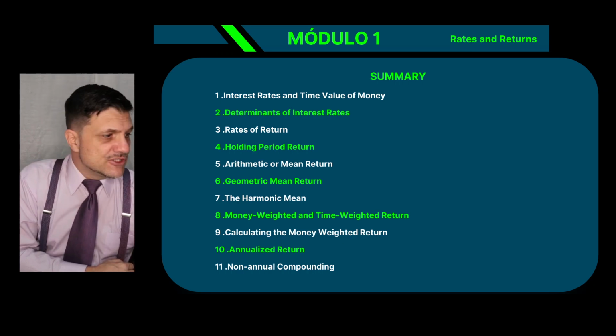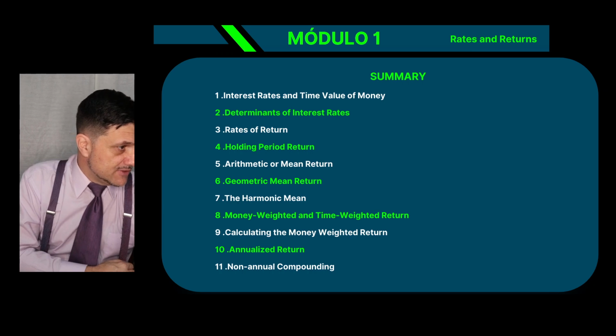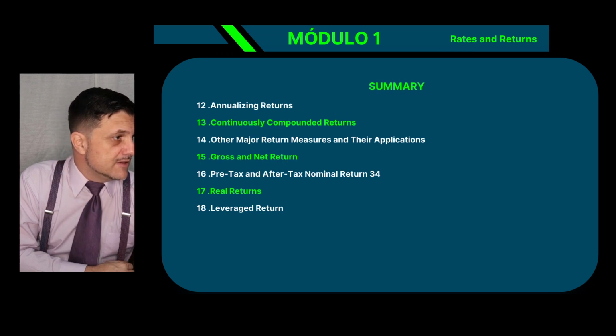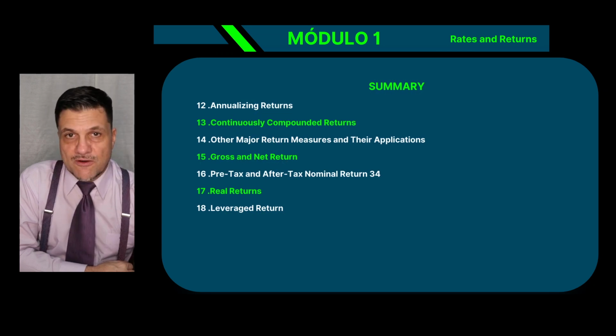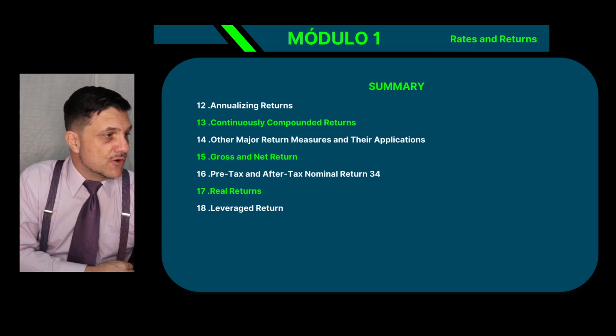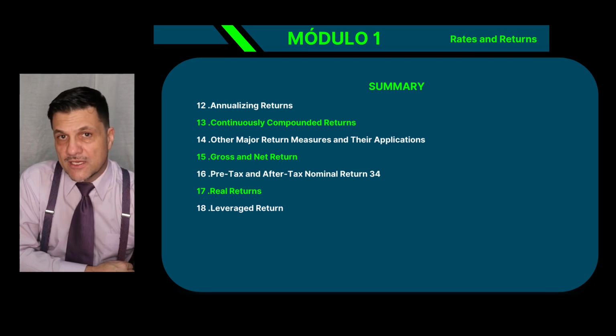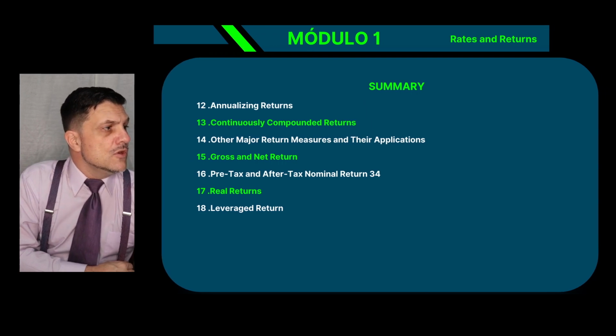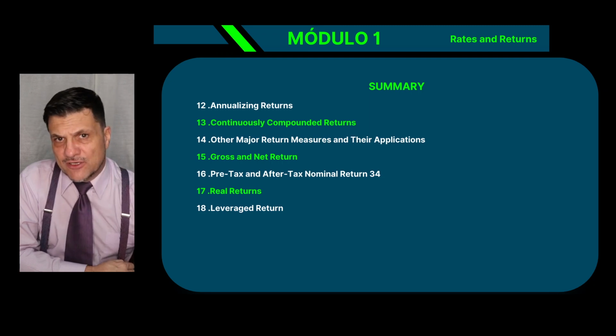In leverage returns, which is the next one, actually, sorry, forgot to switch the page. Sorry about that. There we go. So I was talking about the continuously compounding, other measures, gross, pre-tax, and here the real return, which is the return after taxes and inflation. It's like really how much was in your pocket, right?